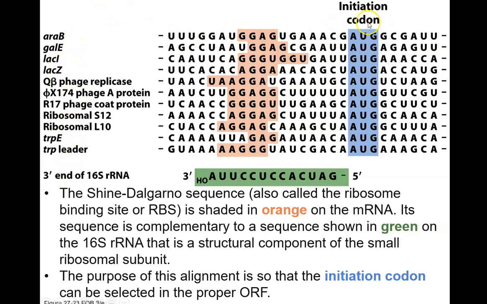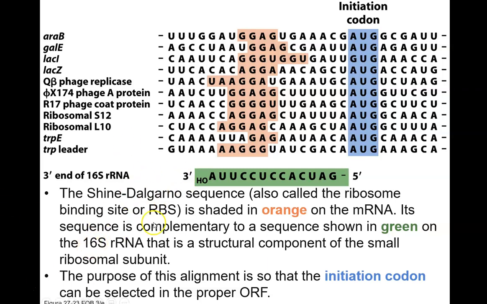If that's our start codon right here, and that sets the reading frame, the way we do this is that there's a sequence upstream that is complementary to a sequence on the 3' end of the 16S ribosomal RNA. If you remember from your general biology, the messenger RNA locks into the small subunit of the ribosome before you add the large subunit.